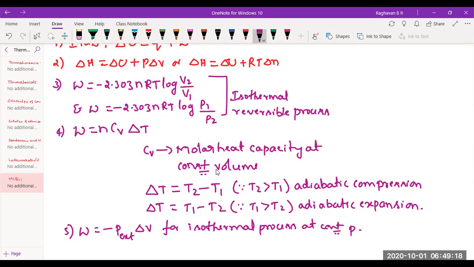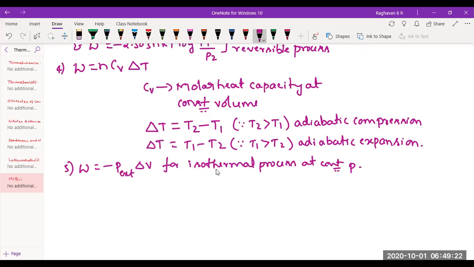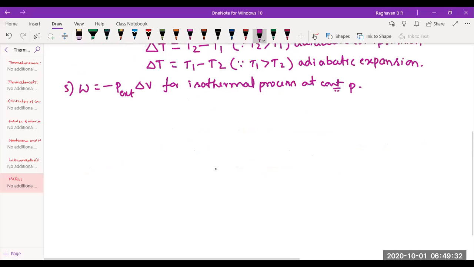Okay. So then we have different definitions. You need to remember to write an equation as per a particular definition. For example, enthalpy of formation. Okay, I'll change color. See, what is enthalpy of formation?